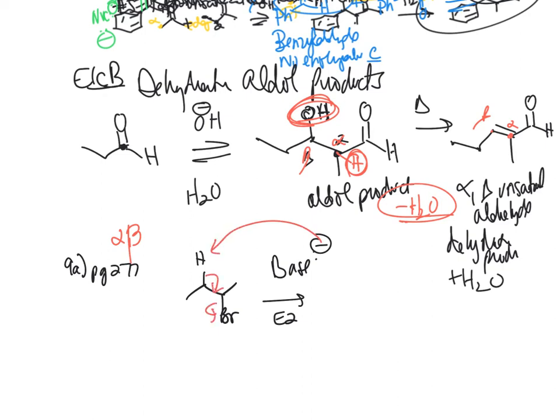Bromine is your leaving group, and you form an alkene. Okay, what two groups are eliminated in order to form the alkene? H and Br. Okay, draw the mechanism. So that's the mechanism. You got 3 electron flow arrows.